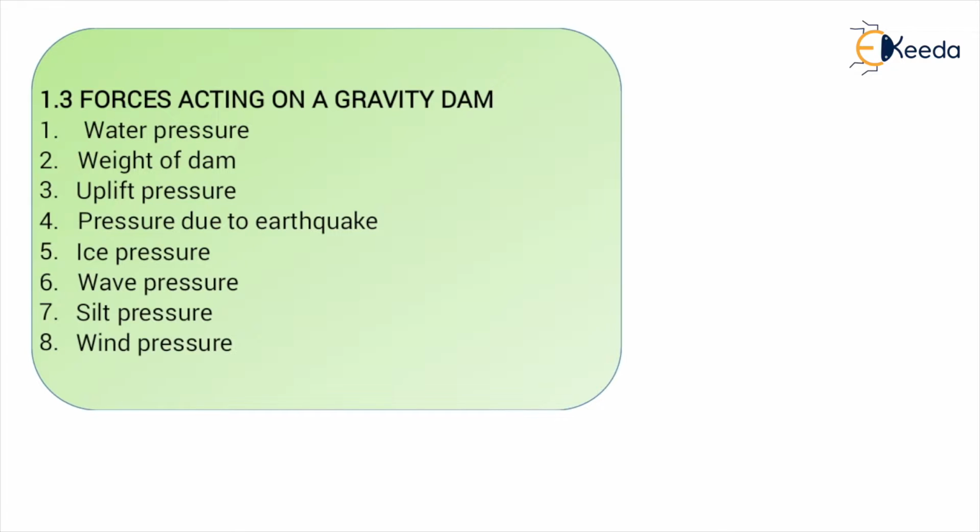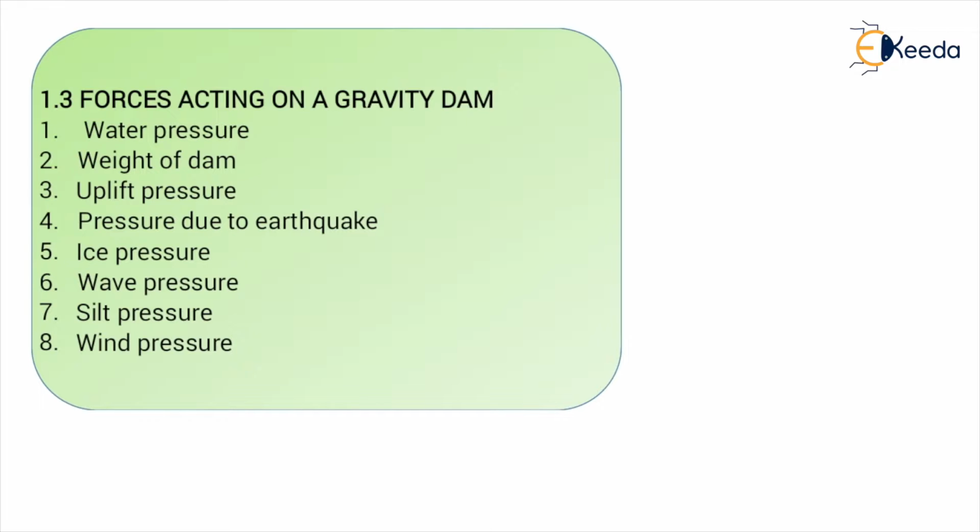First of all, the major force acting on a gravity dam is water pressure, which lies on the upstream side of the dam, as well as some part of the water which can be discharged through the sluice gate provided on the downstream side of the dam.